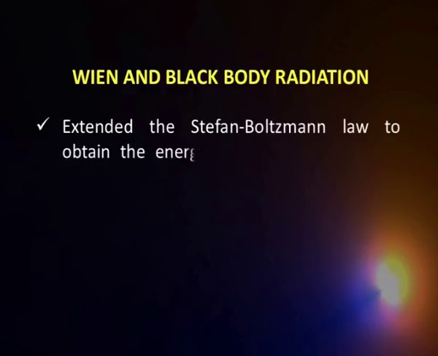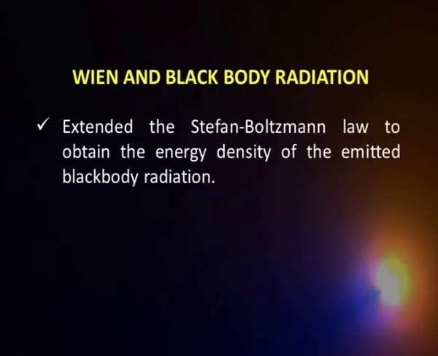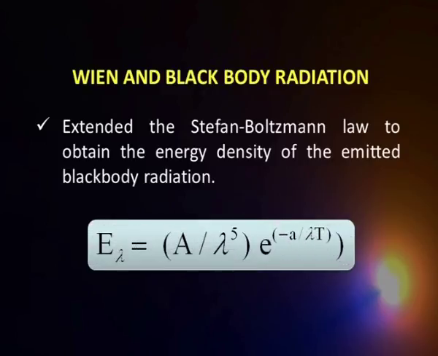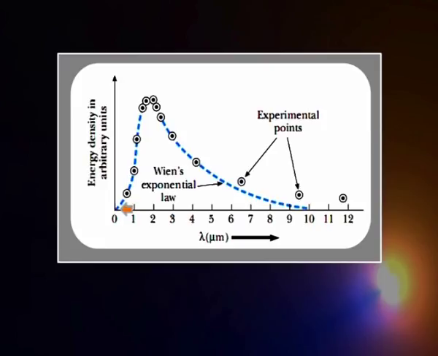When Wien tried to explain the whole energy distribution curve using the Stefan-Boltzmann law and modifying it further, he gave an expression showing that E lambda, the energy emitted at a given wavelength, is proportional to 1/lambda^5 and so on. This agreed to a good extent with experiment.